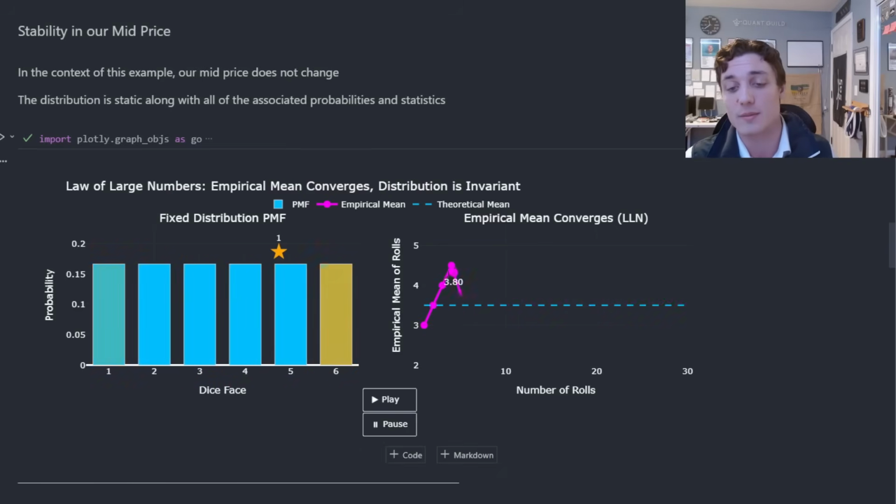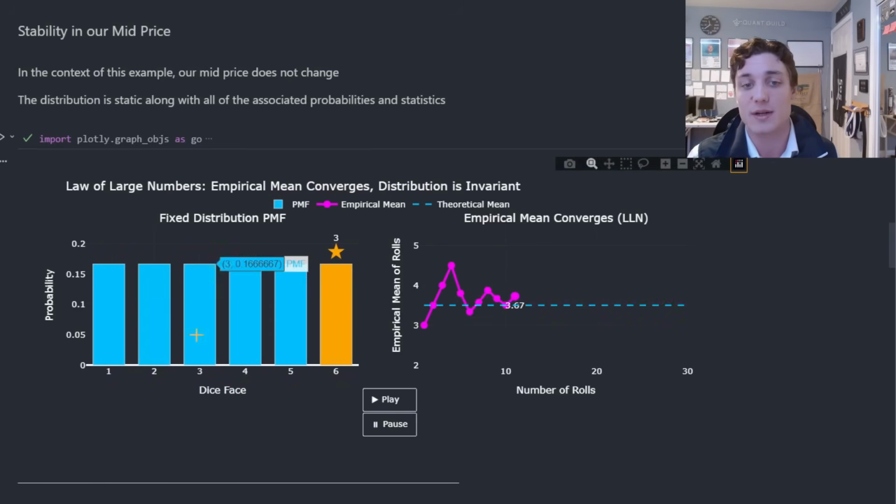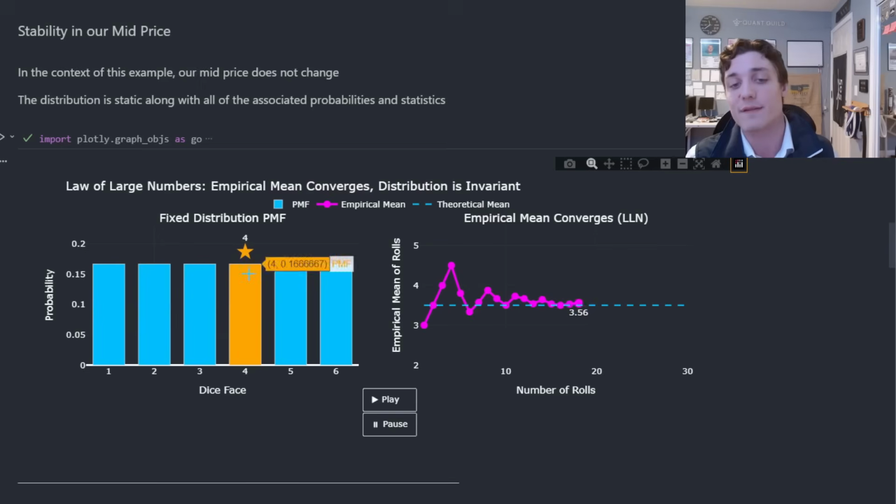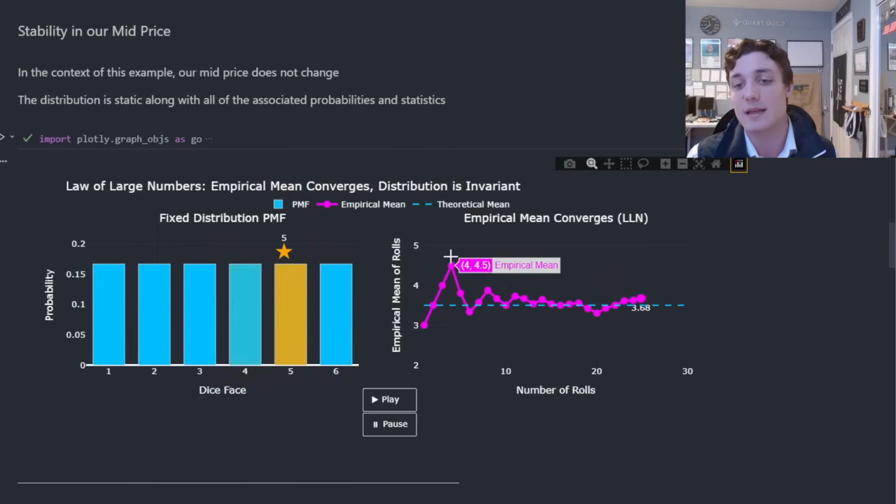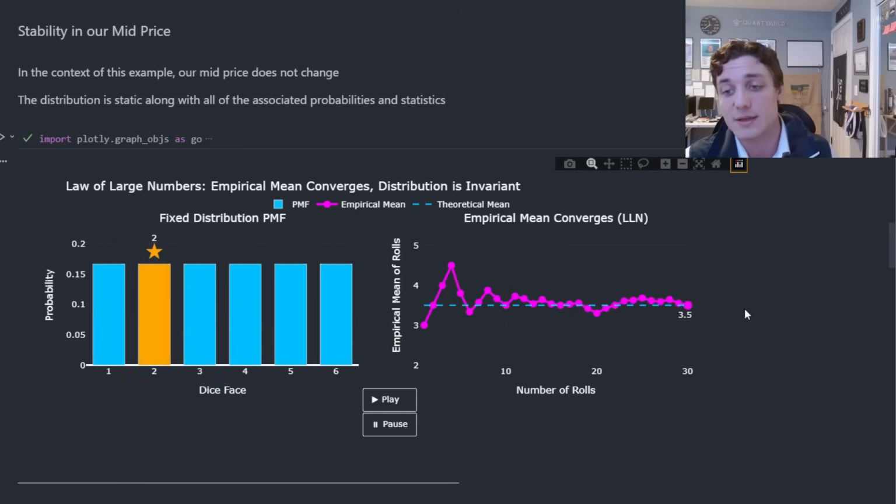And that's exactly what you're observing here in this animation. As I continue to roll a fair dice, I'm going to take the cumulative mean and it is going to converge with probabilistic certainty to that theoretical mean of 3.5, which we computed above. And that is our mid price.